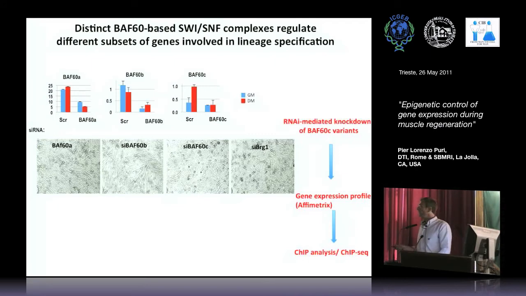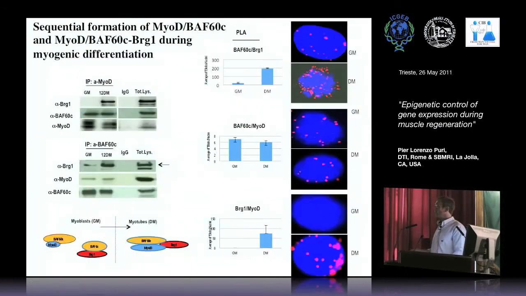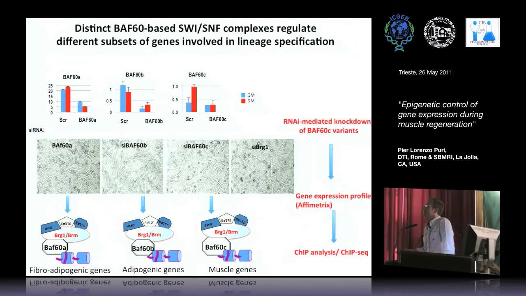However, what was clear from the very beginning of the analysis is that knocking down each of these 3 components has a specific effect on a completely different subset of genes. Knocking down BAF60A has an effect on fibroadipogenic genes, suggesting that BAF60A is important in the activation of the fibroadipogenic genes.